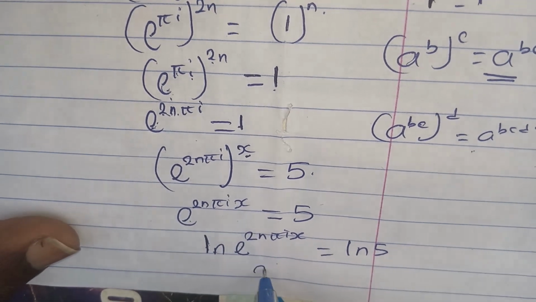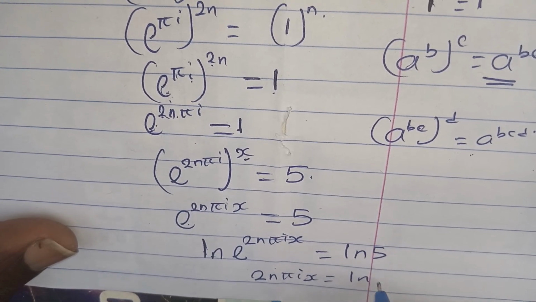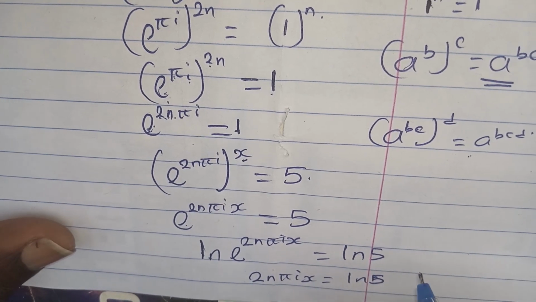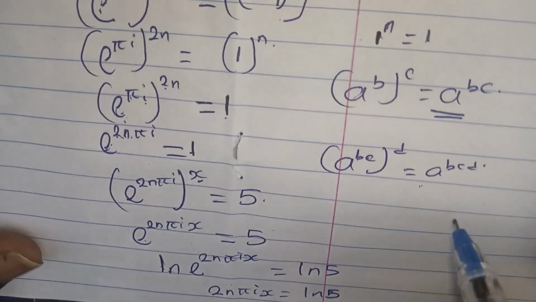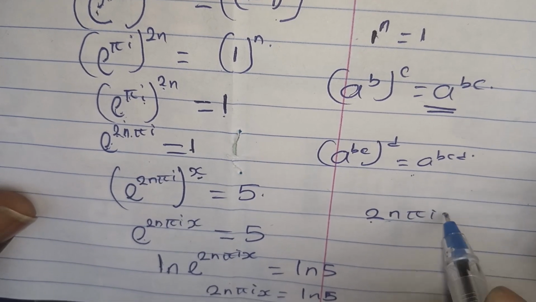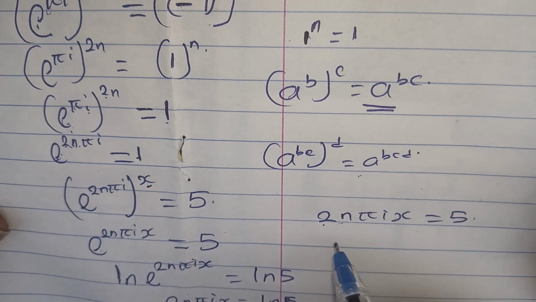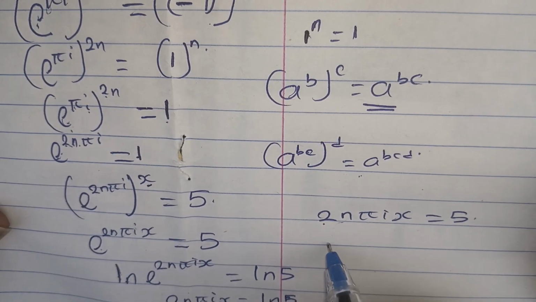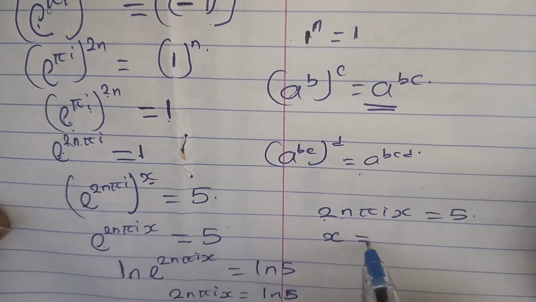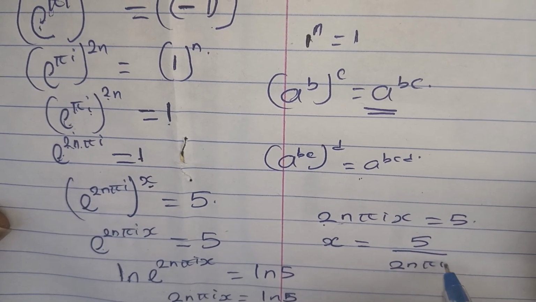So we are now left with 2n pi i x is equal to ln 5. Let's make x the subject of the formula. Therefore we can say x is equal to ln 5 over 2n pi i.